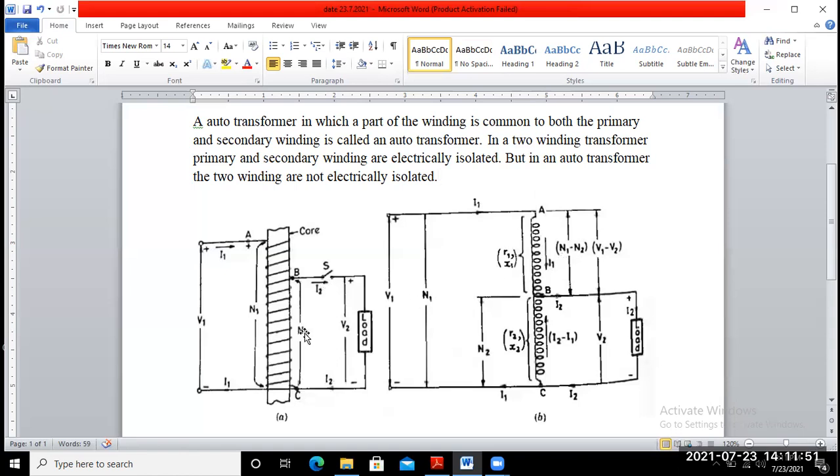If this point is V2 and this point is V1, what is the voltage between A and B? V1 minus V2, is it not? So the number of turns of AB is N1 minus N2 and the voltage is V1 minus V2, and the BC voltage is V2 with N2 turns, and this secondary winding resistance and leakage reactance are represented by R2 and X2. Okay, so the total supply current, that means I1, flows from A to B.